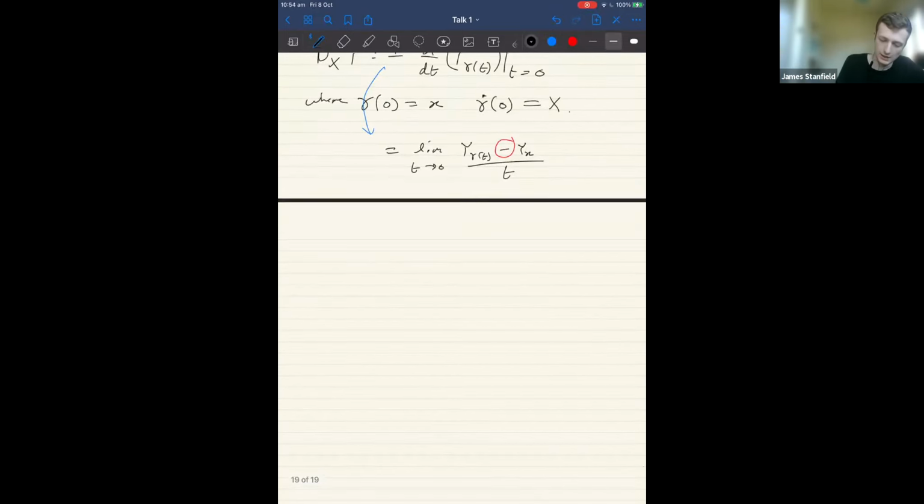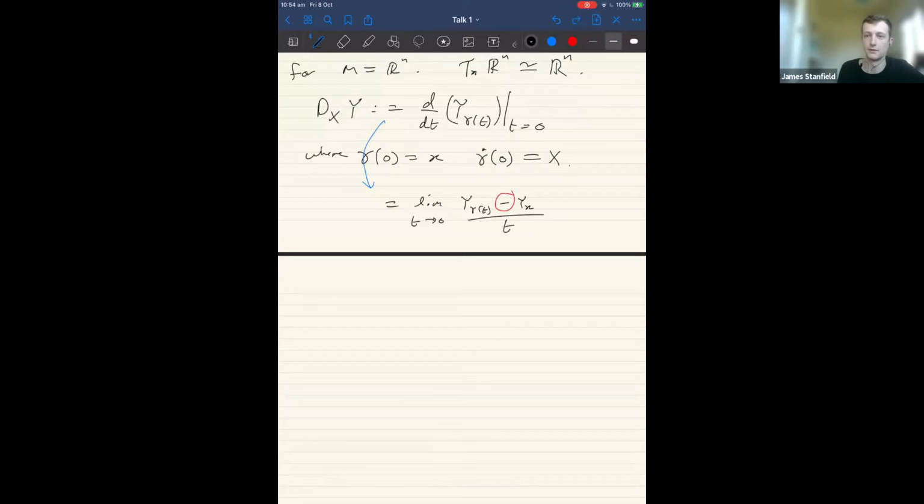But I will note a couple of things about this directional derivative that we might want to take with us when we generalize it. Okay, so first of all, if I take the directional derivative of the inner product of two vector fields, sorry, this should be kind of Y, Z in here. So maybe just to be clear, this is Y, Z in the vector fields of Rn.